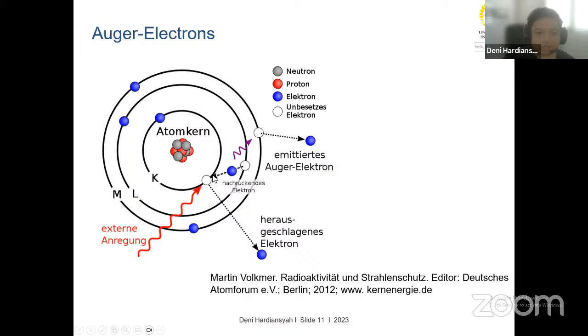Because we have different energy between this K shell and also L shell, we can imagine that this process will create radiation as well. And then this radiation can be absorbed by an electron in a certain position, for example, in the M shell. Then this electron will have some energy that can be used to move from this shell. And this is what we call the Auger electron.